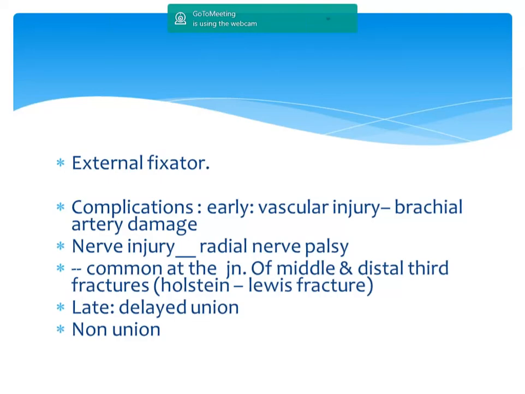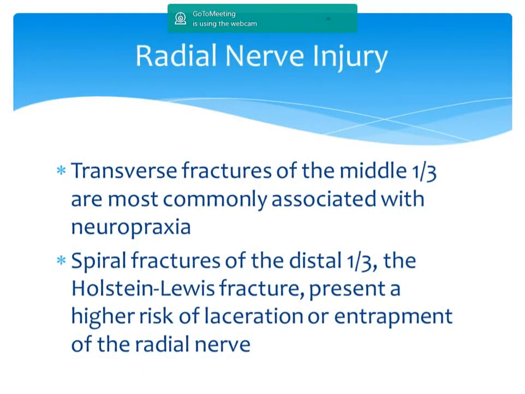What are the complications of external fixation? Early complications include vascular injury, brachial artery damage, nerve injury, especially radial nerve palsy. And late complications include delayed union and non-union. Of course, radial nerve injury is quite common, even with the fractures, not only due to external fixators.